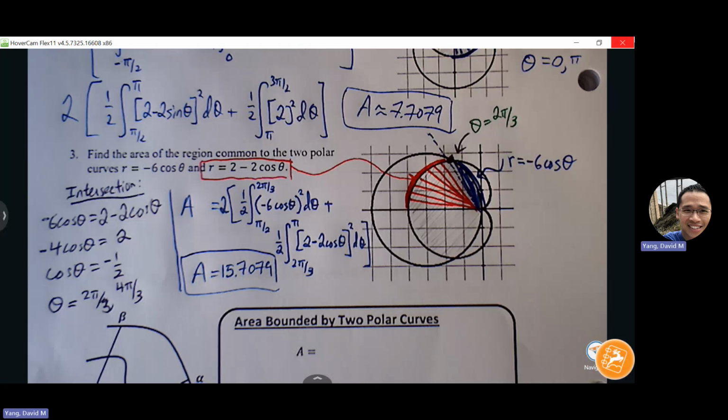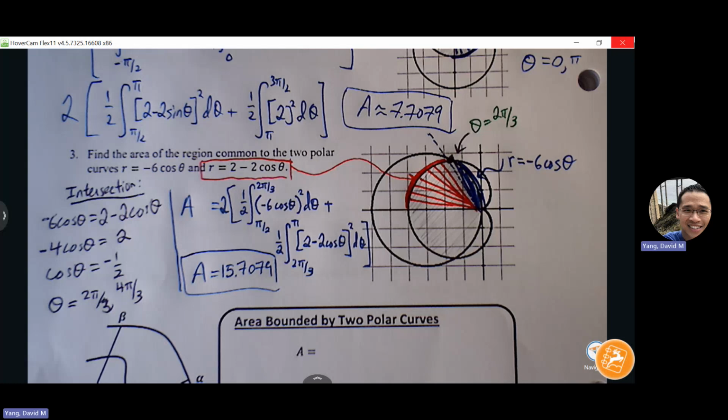It's a little bit different because of the -6 cosine theta. And then at pi over 2 it's going to be at 0. So the circle is not going to hit this point until pi over 2. And then from pi over 2 to 2 pi over 3 is where that circle is gonna hit. And then it completes its cycle up to pi over here.